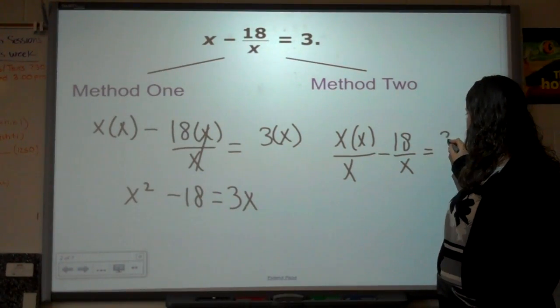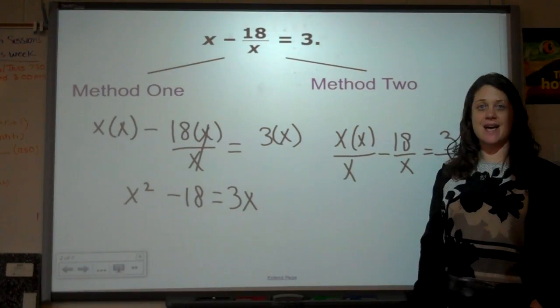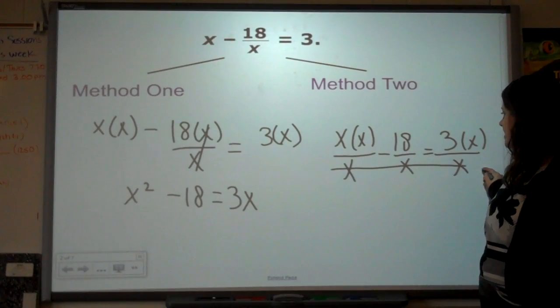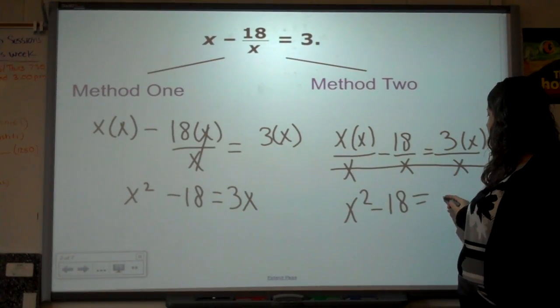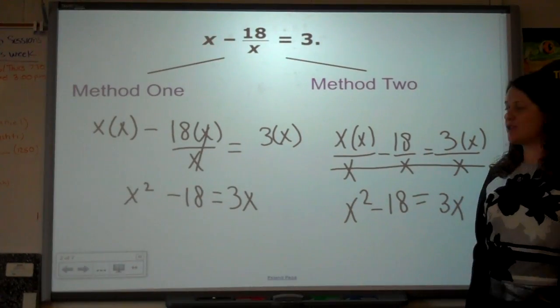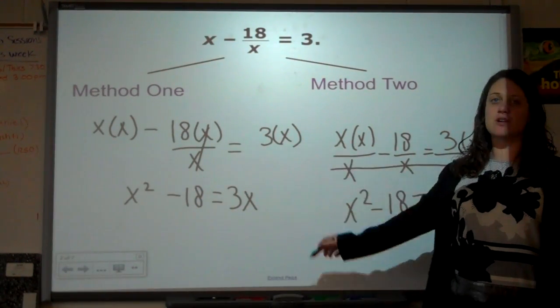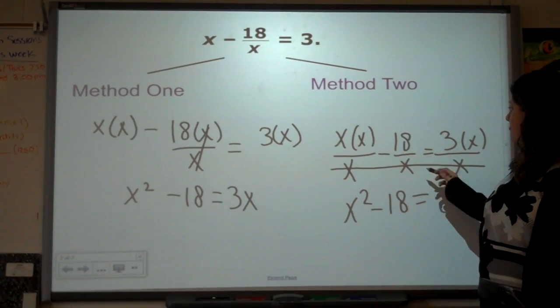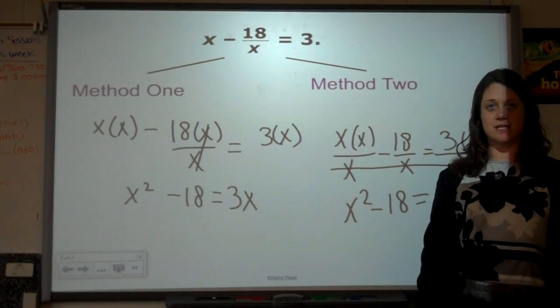And for the third one, I would have to multiply the top and the bottom by x. Once I do that, I can just cross out all the denominators, and I'm left with x squared minus 18 equals 3x. So it's just two different ways to do the same thing. The first way, you're just multiplying each term by x in order to cancel out the denominator. On the second one, if you just find a common denominator, then you can get rid of the denominators.